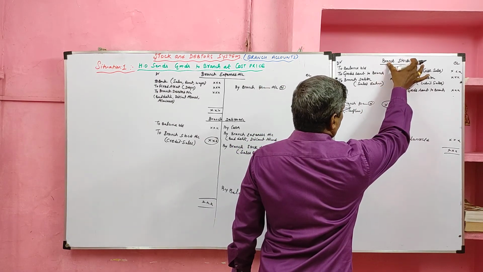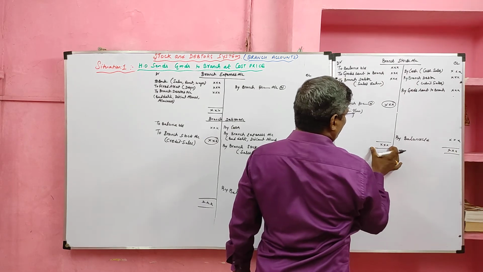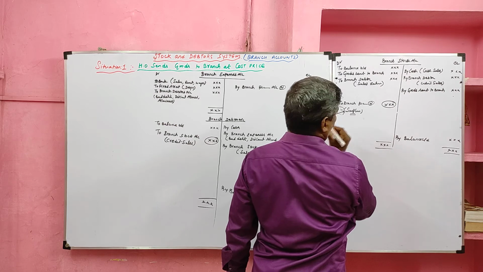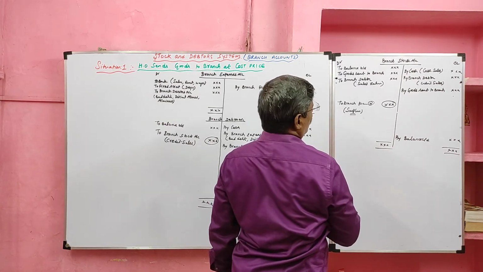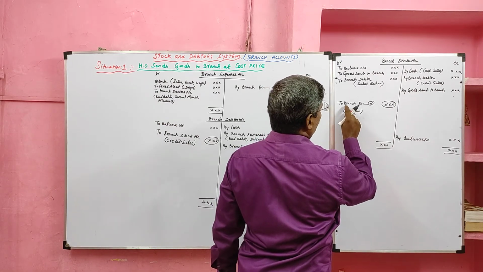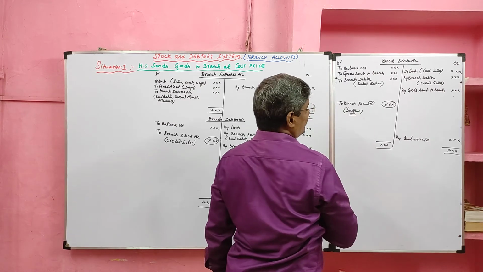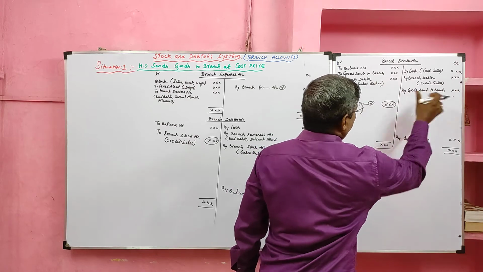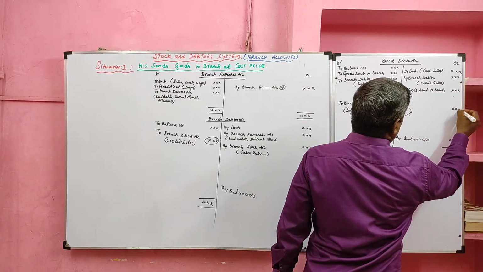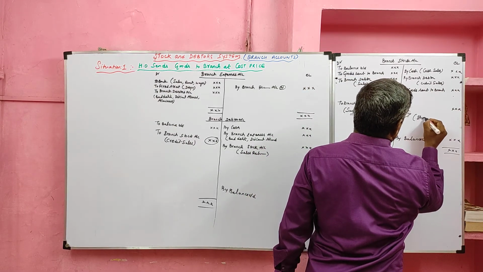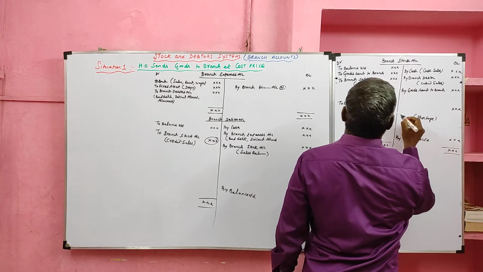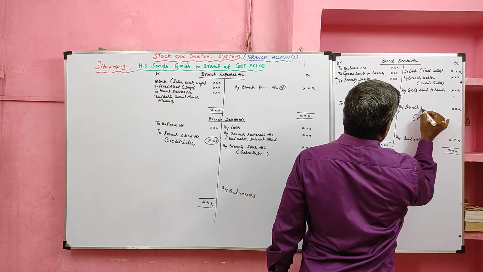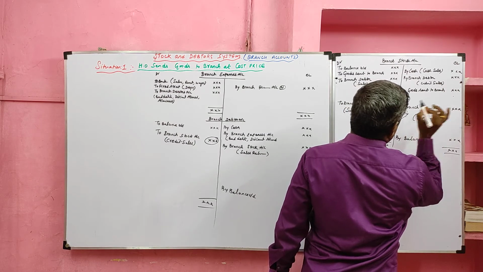Branch stock account credit side total is heavier than debit side. So the balancing figure arrives in debit side, that is called surplus of stock. We should not write surplus, we should write as branch profit and loss account. Sometimes branch stock account debit side exceeds the credit side total, that we call shortage or deficiency, that we should transfer to branch profit and loss account.